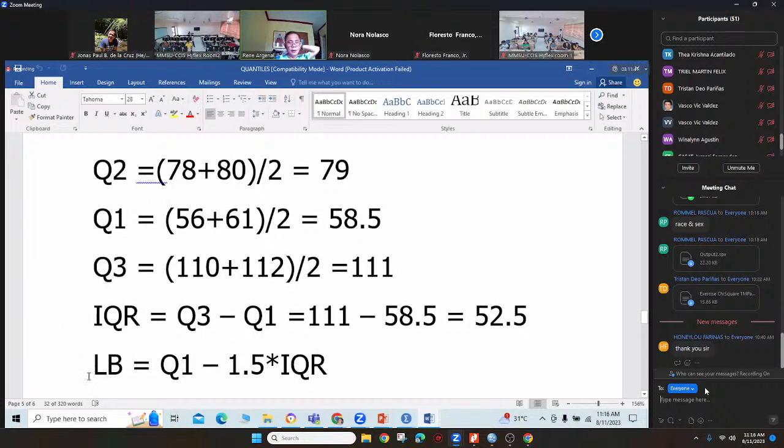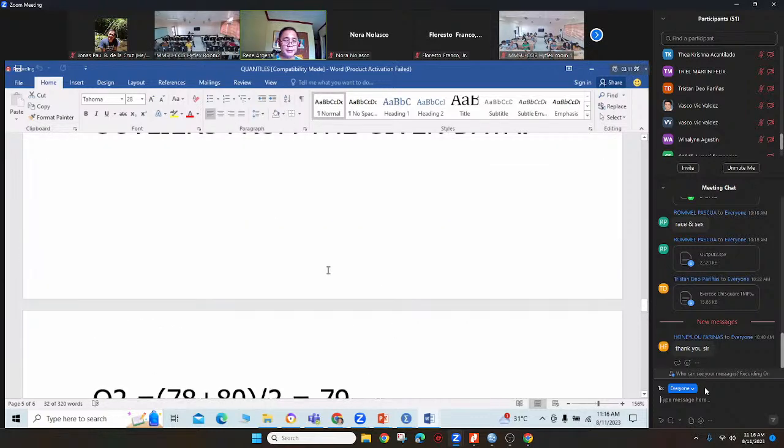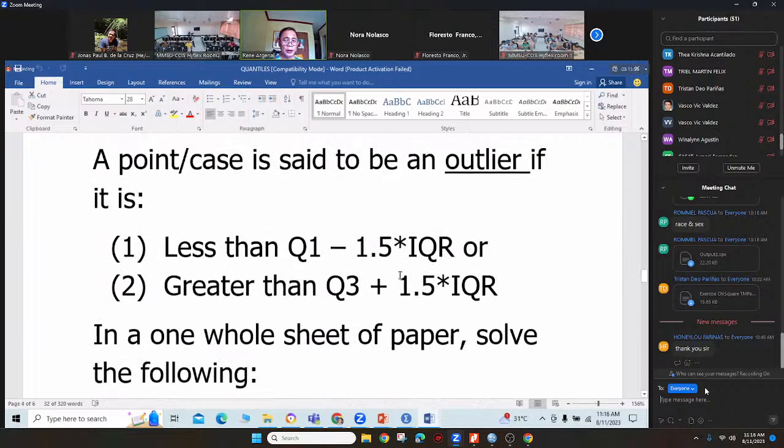Now, the lower bound is Q1 minus 1.5 IQR. What is Q1? 58.5 minus 1.5 times the IQR. This is the formula as it was presented a while ago.